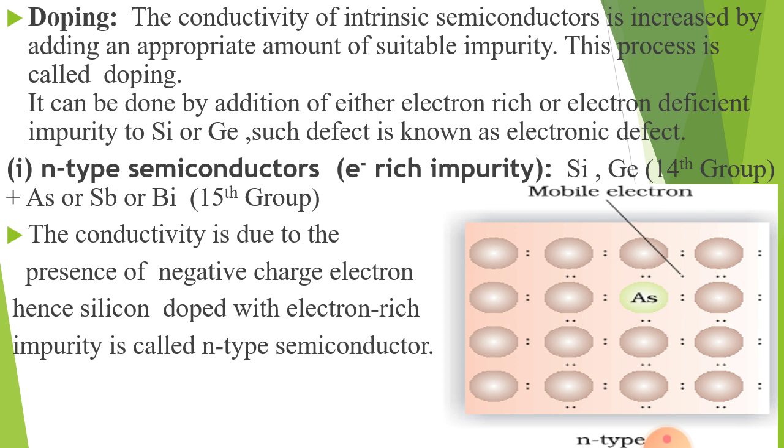It can be done by adding either electron rich or electron deficient impurity to pure silicon or pure germanium. That's why such a defect is also known as electronic defect.